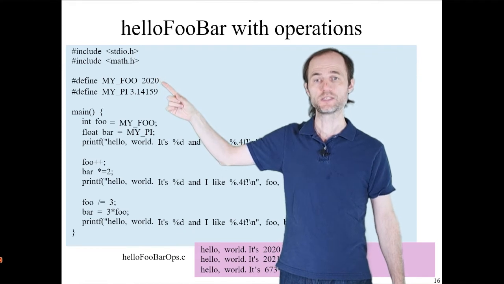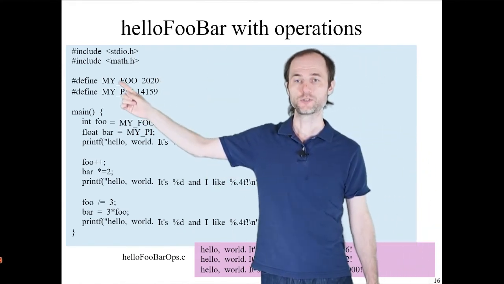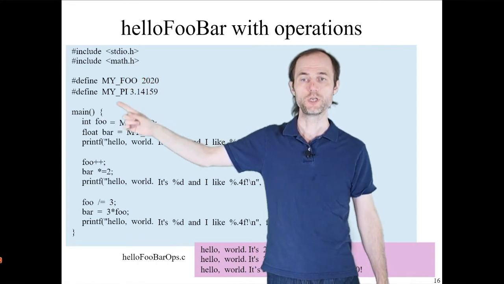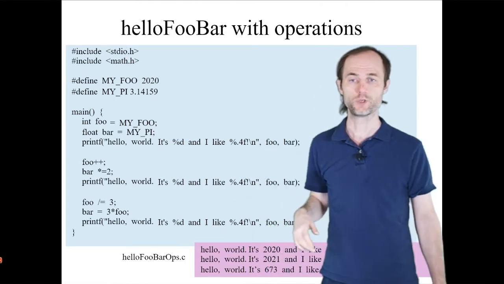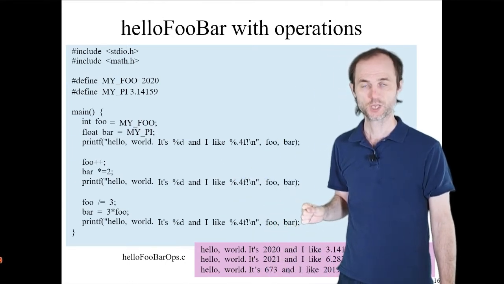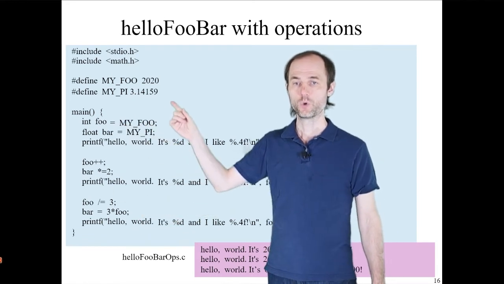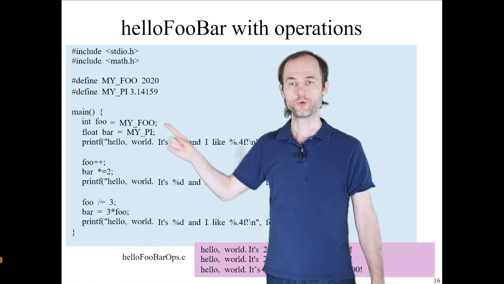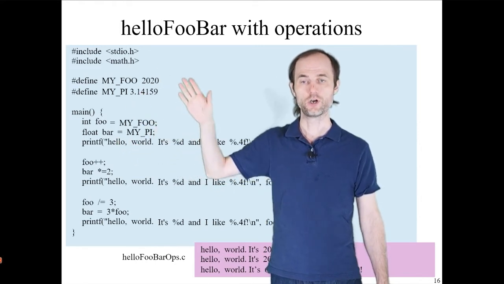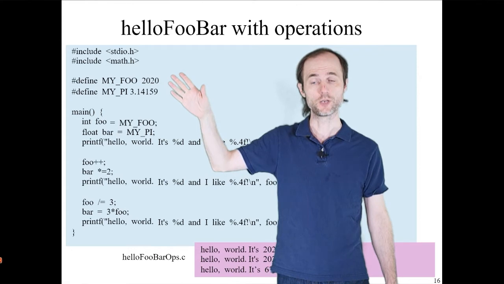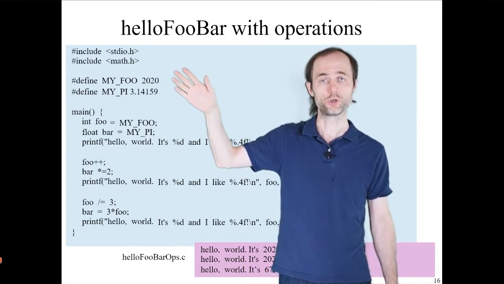So what that means is that when the compiler takes a first pass on the file, all the instances of my foo will be replaced with 2020, and all the instances of my pi will be replaced with 3.14159. So we will start our main program as before. We will assign my foo to foo and my pi to bar. This is nice because all of these parameters are sitting right at the beginning of the program, so you can clearly see what are the knobs that you can turn as a user.